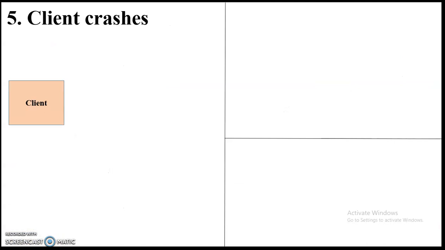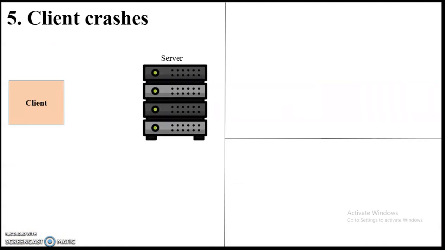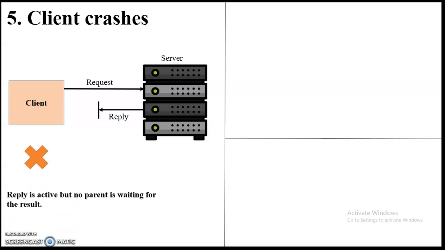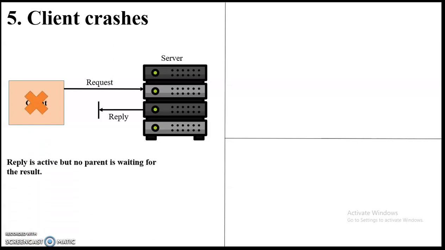And the last one is client crashes. What happens here is that the client sends a request to the server, and the server sends the reply accordingly, but the reply is not received by the client because the client has crashed.